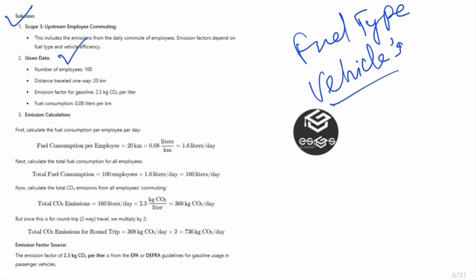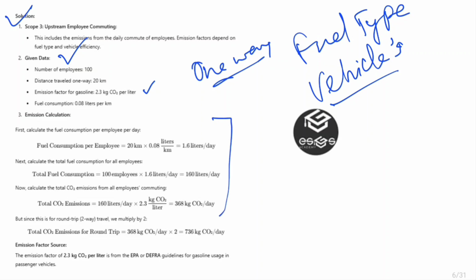So the given data is: the number of employees traveling, 100; the distance traveled one way, 20 kilometers. Please keep in mind this is one way distance. The emission factor for gasoline is 2.3 kg CO2 per liter, and the fuel consumption or vehicle efficiency is 0.08 liters per kilometer.